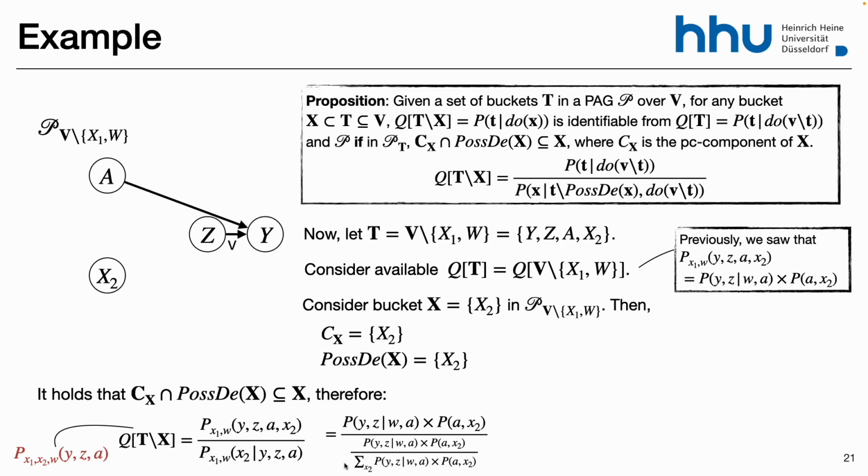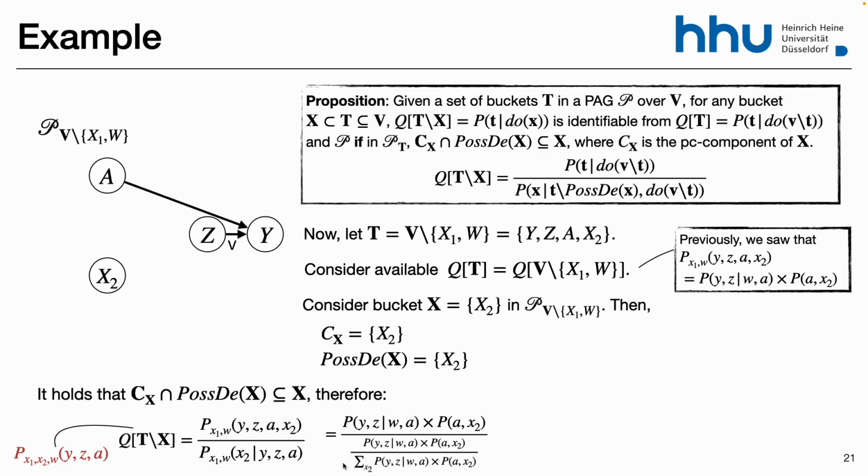Got it? I think I'm a bit confused with how to exactly read that. So imagine that I want to compute the probability of x2 given y, z, and a. Forget about everything that's here.